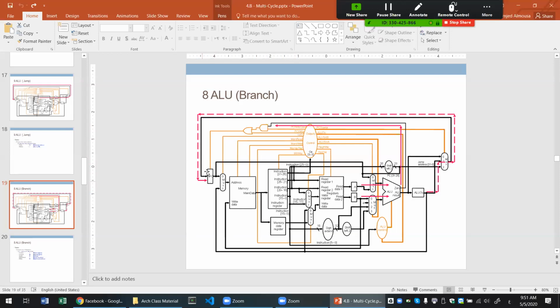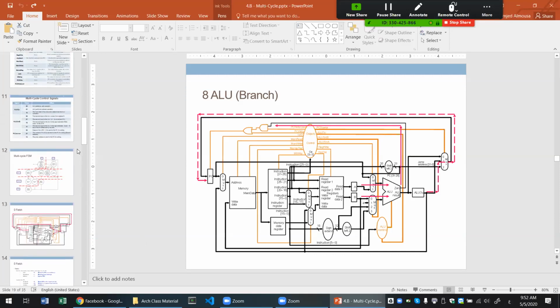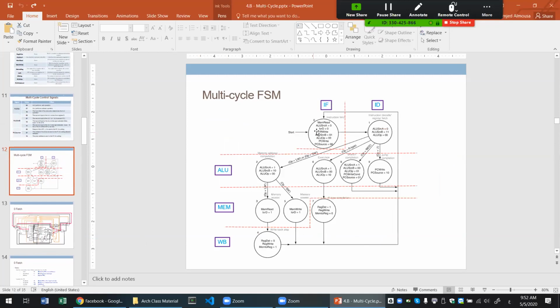And بكلا الحالتين بعد state 8 اللي هي الثالثة للبرانش راح نرجع ل 0 and we start fetching another instruction. So لهون وصلنا بالمحاضرة الماضية. So we covered the jump and we covered the branch.